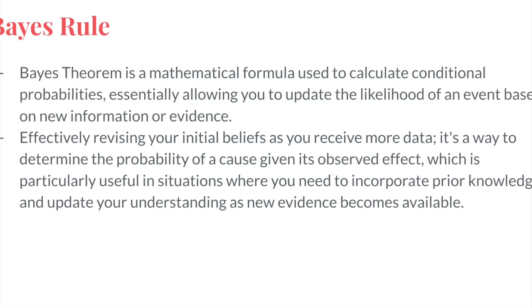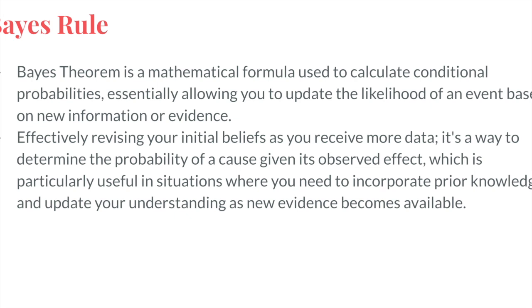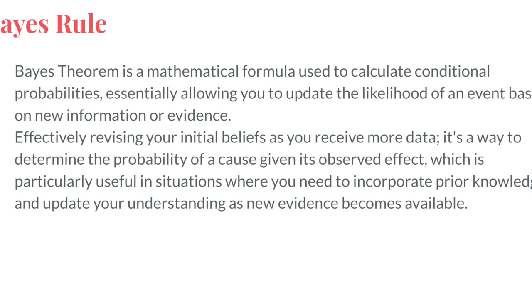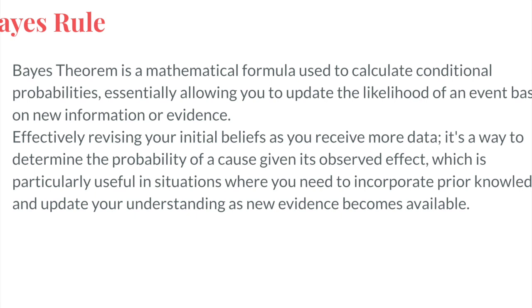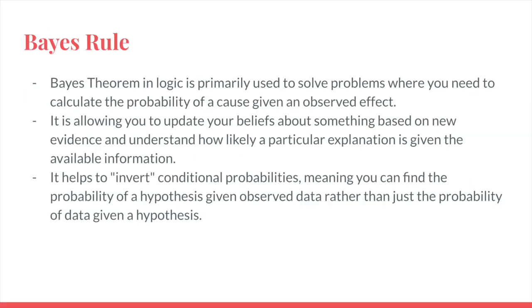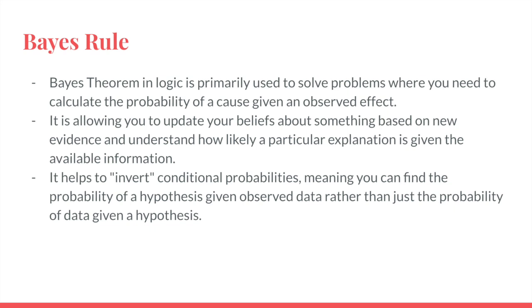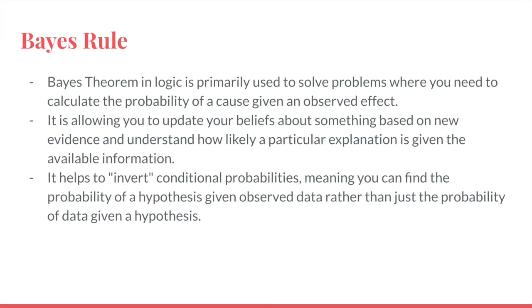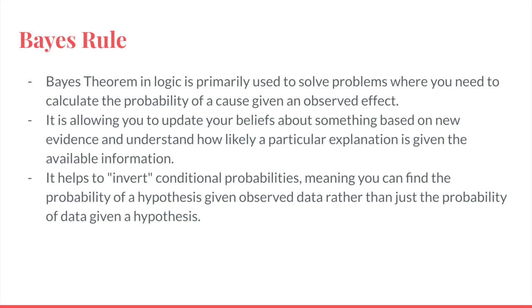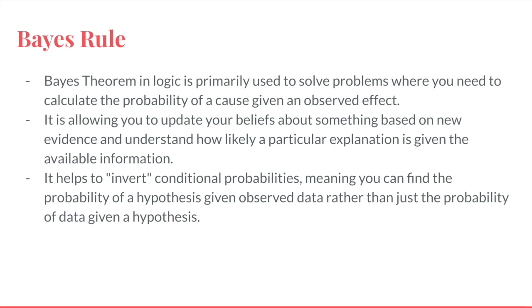So it is an important tool for using new information and refining beliefs when you're uncertain about the situation. Bayes' rule in logic is primarily used to solve problems where you need to calculate the probability of a cause given an observed effect.